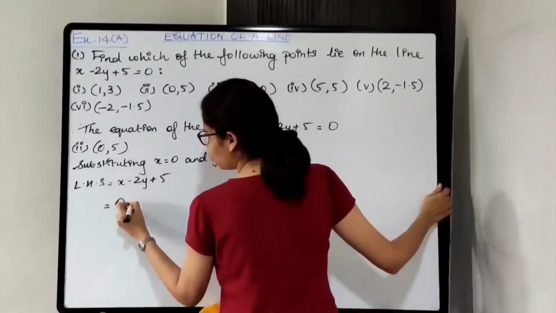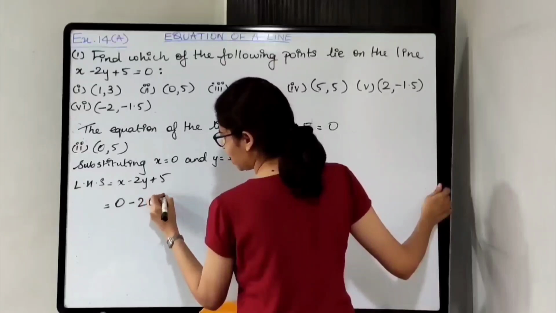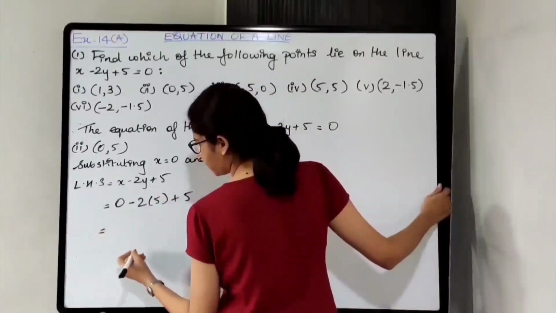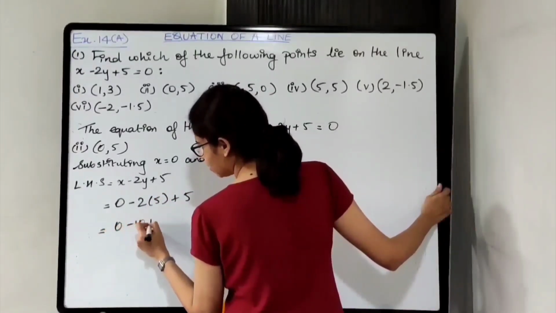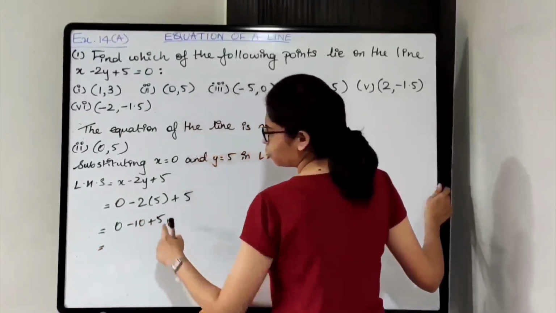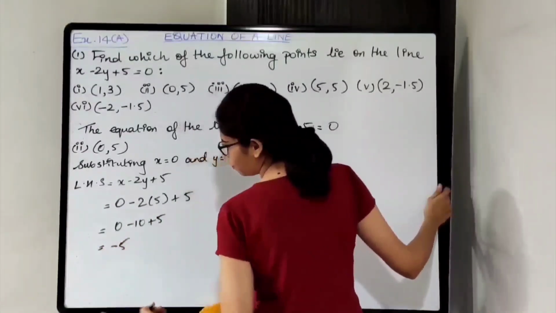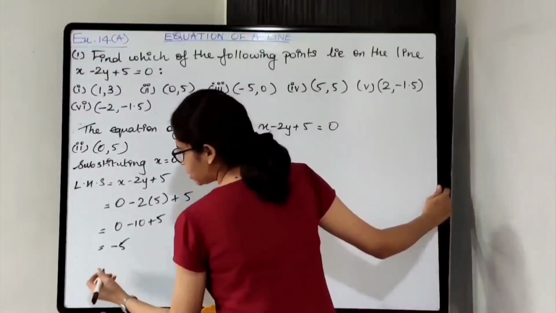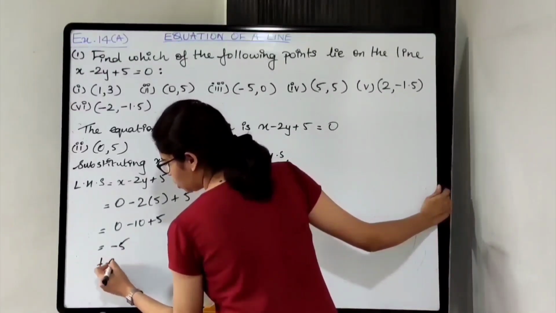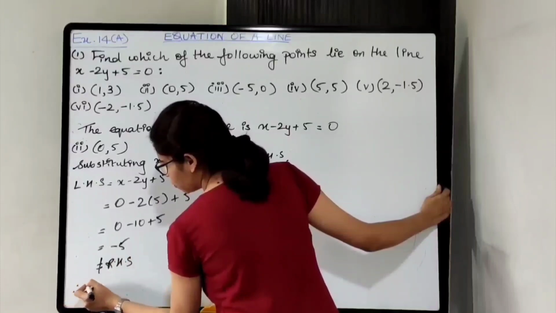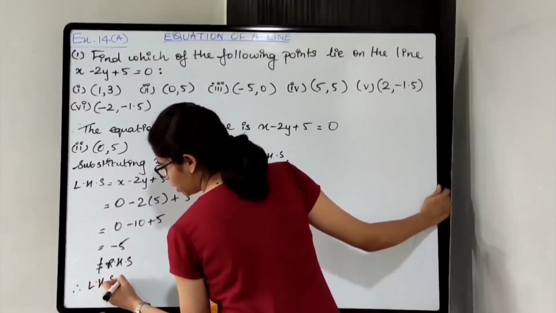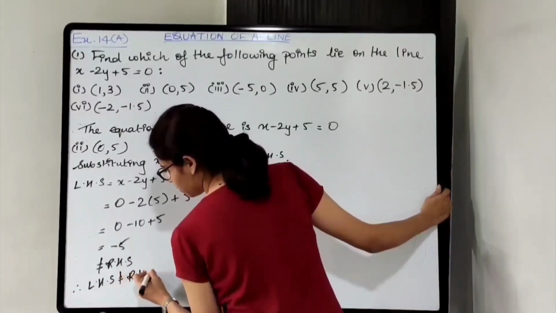X is 0 and y is 5, plus 5. So 0 minus 10 plus 5. So 5 minus 10 gives minus 5. So we are getting minus 5, that is not equal to RHS. Therefore LHS is not equal to RHS.